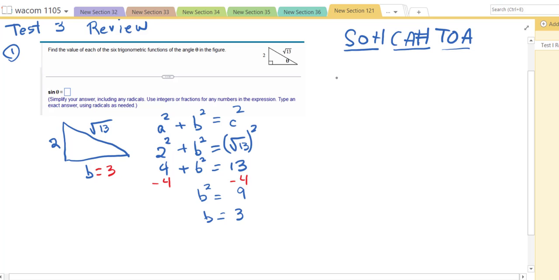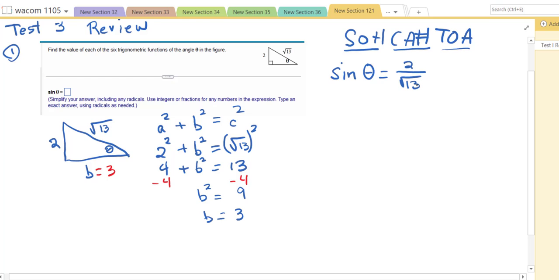So sine of theta for our first one is going to be opposite over hypotenuse. Your theta is here. The opposite will be 2 over hypotenuse, square root of 13.